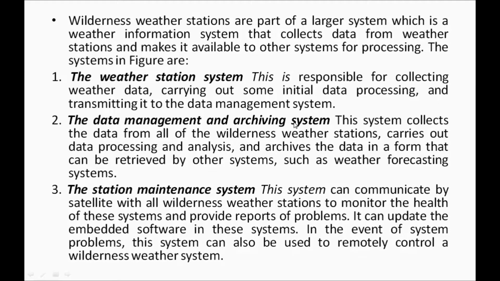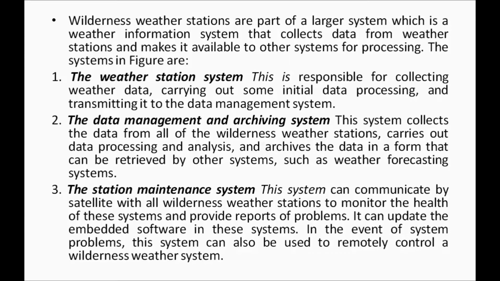The data management system collects the data from all the weather stations, because you know that I can install weather stations in hundreds of places. That's why there can be a lot of weather stations. So the data management should collect the data from all of them, and it can carry out some processing and analysis, because it has to predict the weather, right?